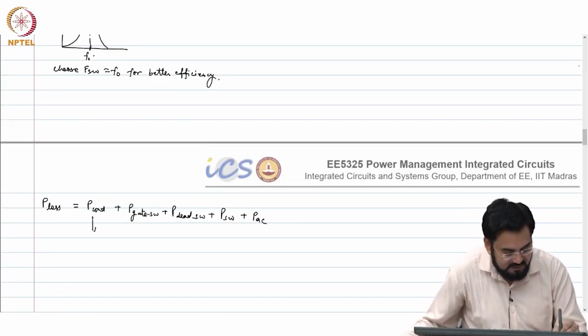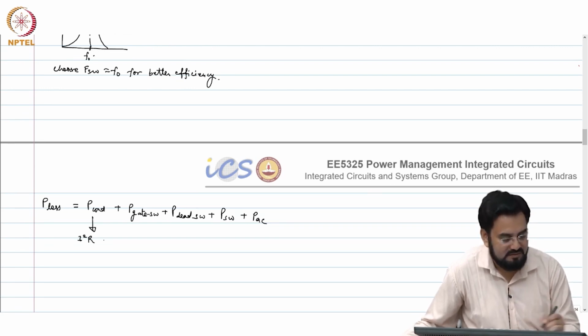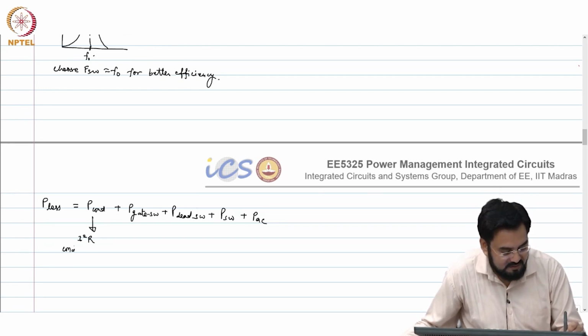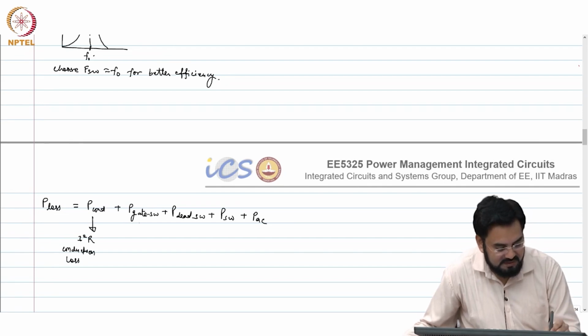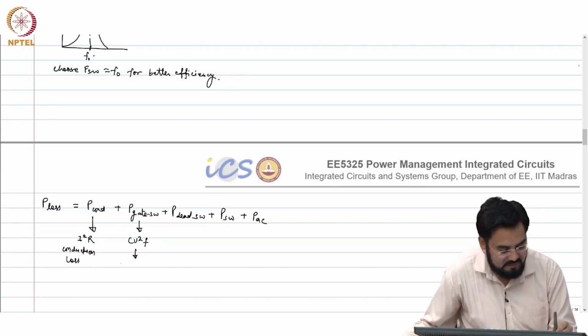So, this is your I square R component, which is nothing but conduction loss. This is your CV square F, gate driver loss.